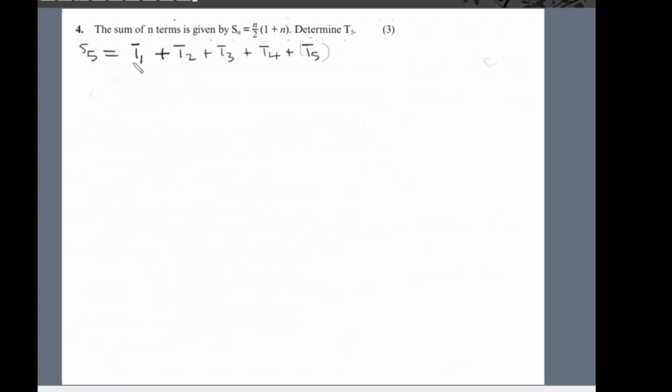If you look at these terms, T1 plus T2 up to T4, you will see that this is S4, right? So that tells you that T5 should be equal to S5 minus S4, right?